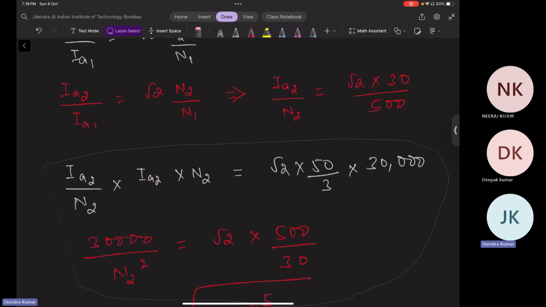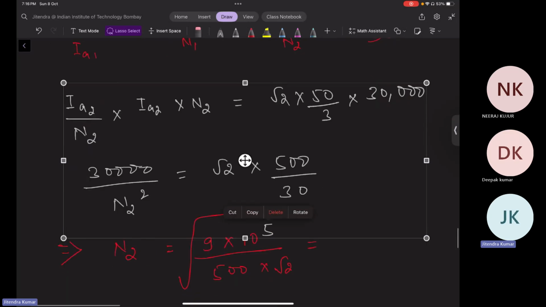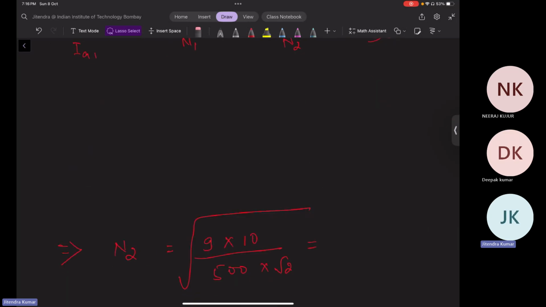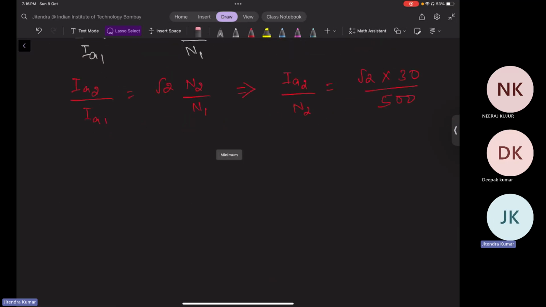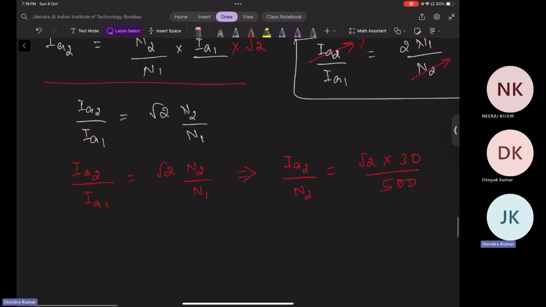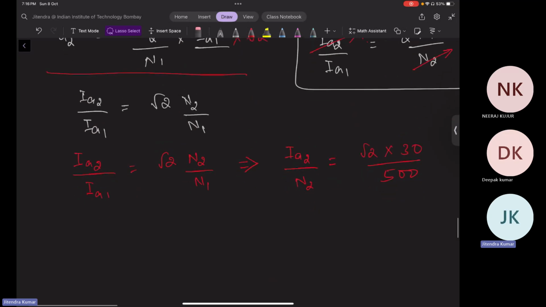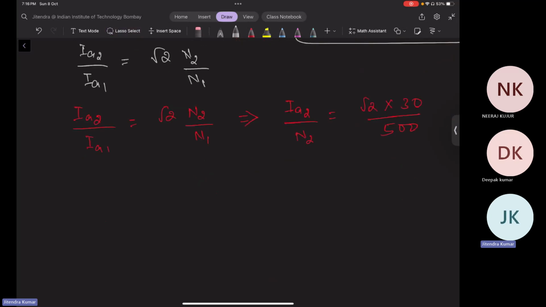If again it gives the same, then we have to think of a new approach. We will multiply both the expressions, which will become IA2 square is equal to root 2 into 30 by 500 into 30,000.